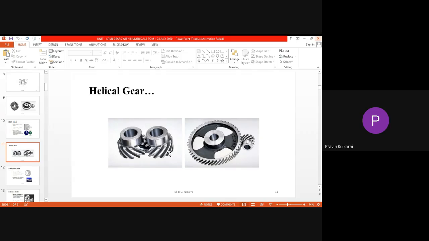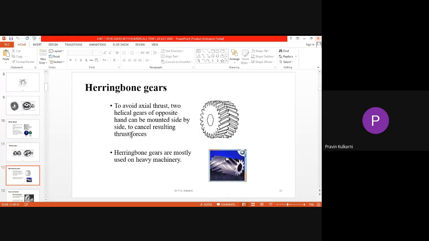The maximum reduction obtained in case of helical is 6. The axes are parallel to each other in case of helical. Herringbone gears are used to avoid axial thrust.